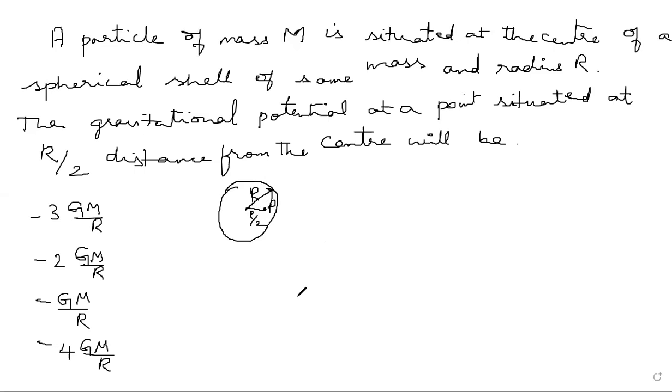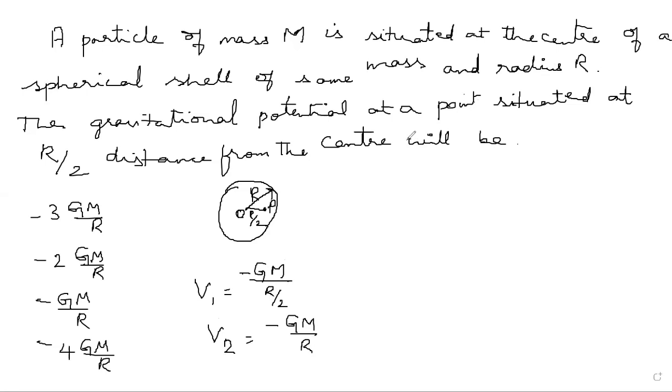According to the concept, the gravitational potential at point P due to the particle at O, so the particle is at O here, is V1 equal to minus Gm divided by R by 2. Next, the gravitational potential at point P due to the spherical shell is V2 equal to minus Gm divided by R, right?